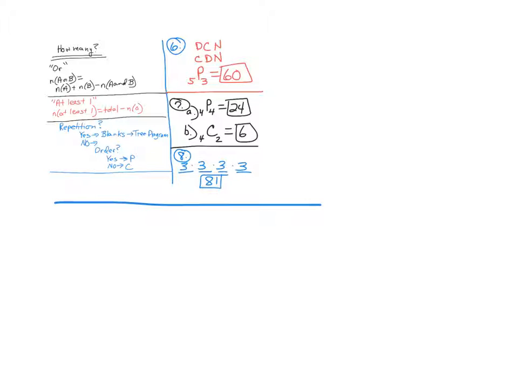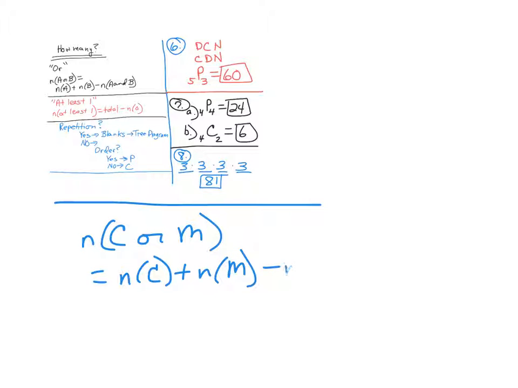So hopefully you're in the process of doing something like this. The number of Chinese or Mexican is equal to the number that like Chinese plus the number that like Mexican minus the number that like both Chinese and Mexican.